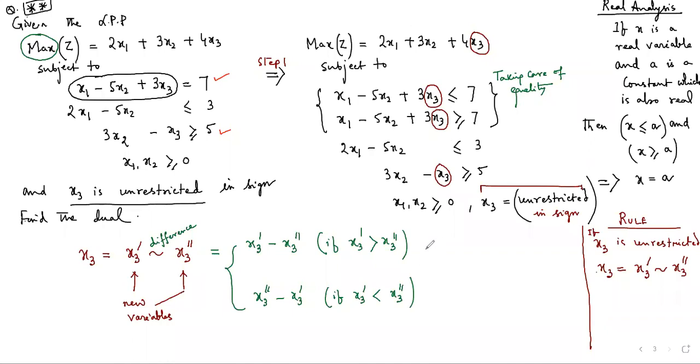Keep in mind that these new variables, x3 prime and x3 double prime, are obviously non-negative. They are not unrestricted. They are greater than or equal to 0. That rule you need to remember to proceed with the given problem. Otherwise, you will not be able to proceed. So I'm going to the next page. Take a screenshot of this page quickly.